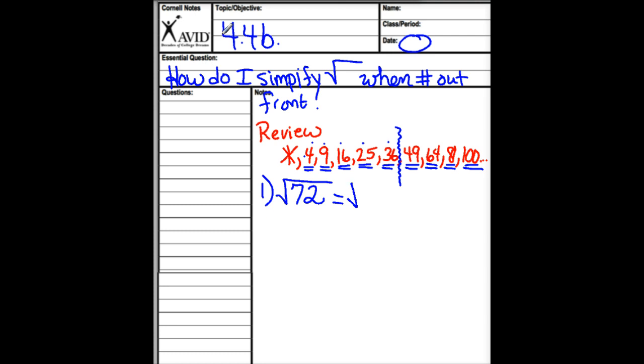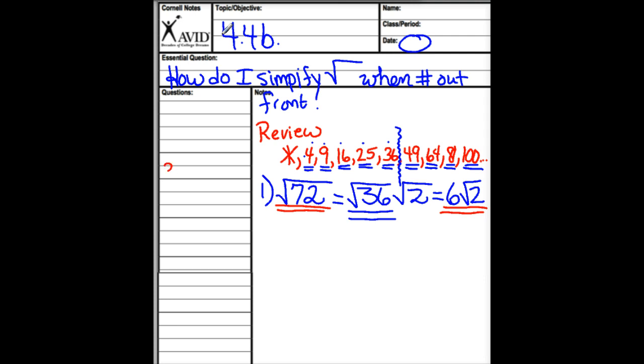When you cut it in half and get 36, I could do root 36 times root 2. This right here, I know. Root 2, I don't. If I were to go to my calculator and make a decimal out of root 72 and a decimal out of 6 root 2, they're identical.